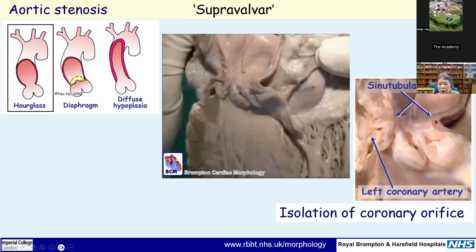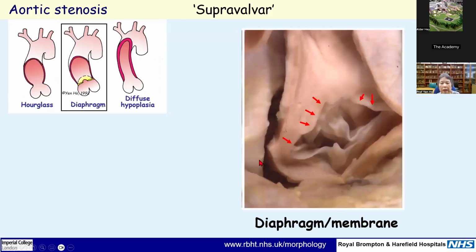So in the close-up views here, we have in this particular heart an isolation of the coronary artery orifice. The free margin of the leaflet had been stuck down onto the top of the sinutubular junction. In this example, then, is a diaphragm configuration of stenosis. So presumably the surgeon could go in and resect away the diaphragm and all would be well.